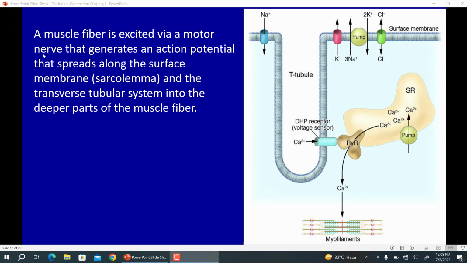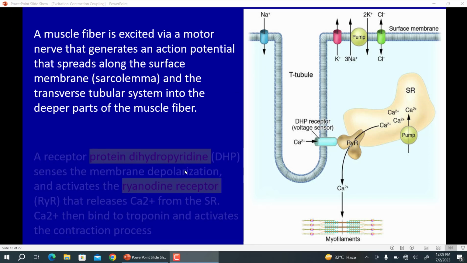It spreads along the surface membrane, the sarcolemma, and the transverse tubule system into the deeper part of the muscle fiber. Remember, the muscle fibers of skeletal muscle are thick, so the action potential cannot spread around the whole fiber directly; it is transmitted through these T-tubules. So when the action potential spreads, it also spreads around these T-tubules.